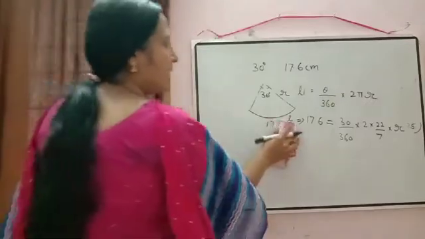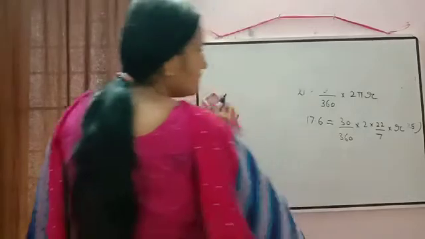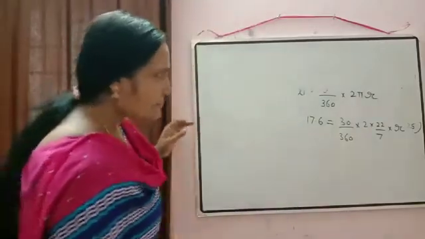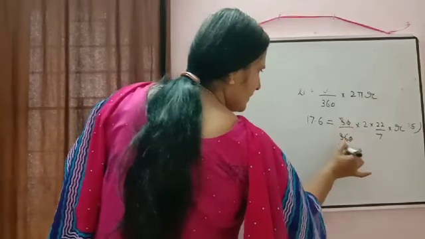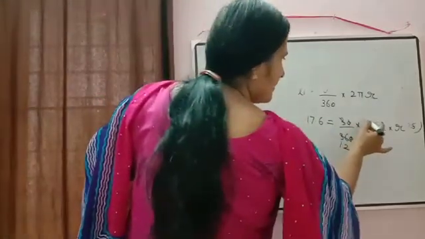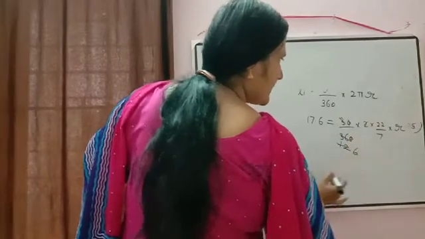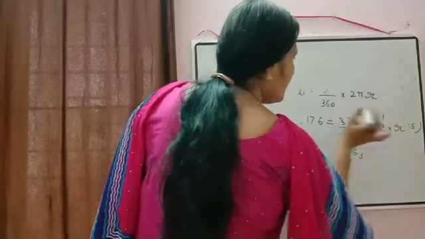So except radius, rest all the things we can shift to the left hand side. Here, if you want, you can cancel here only. 3 ones are 3, 12s are, then here 2 ones are 2, 6s are, then 2 3s are here, and then 2 ones are 2 ones are.